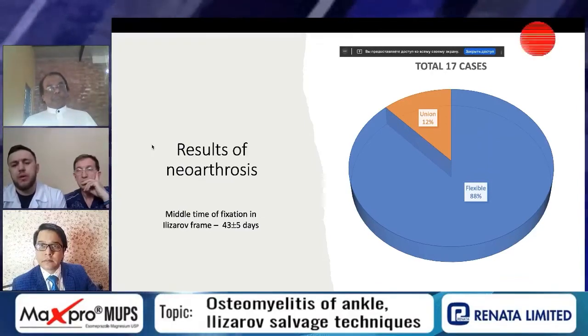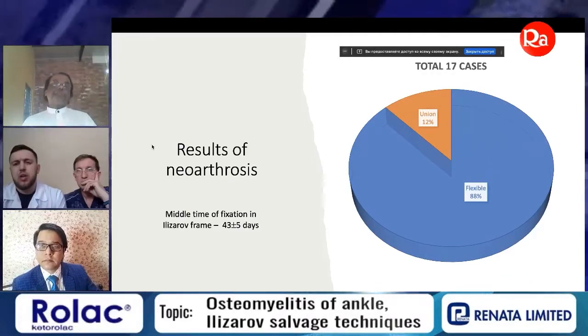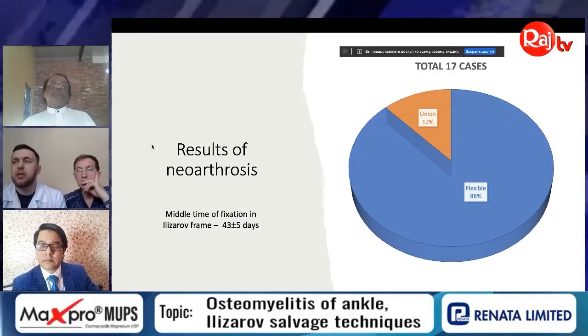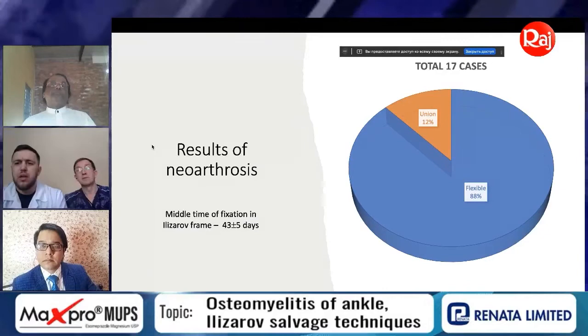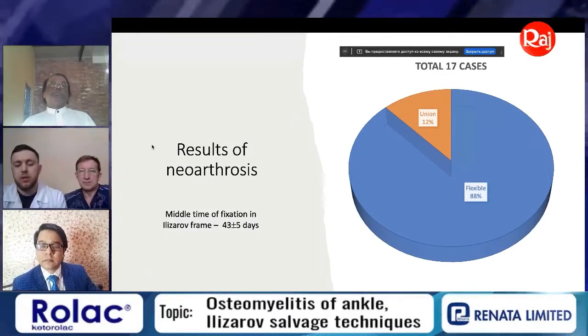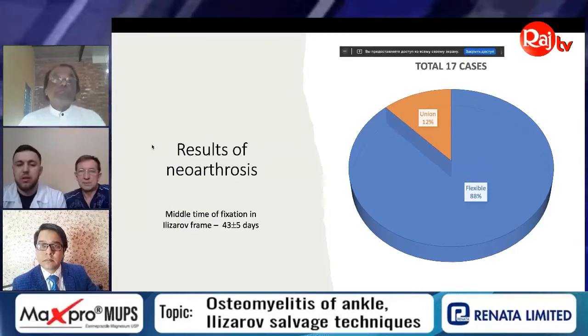But in 12 percent of patients, after removal of the external device, the patient got a union, like arthrodesis.